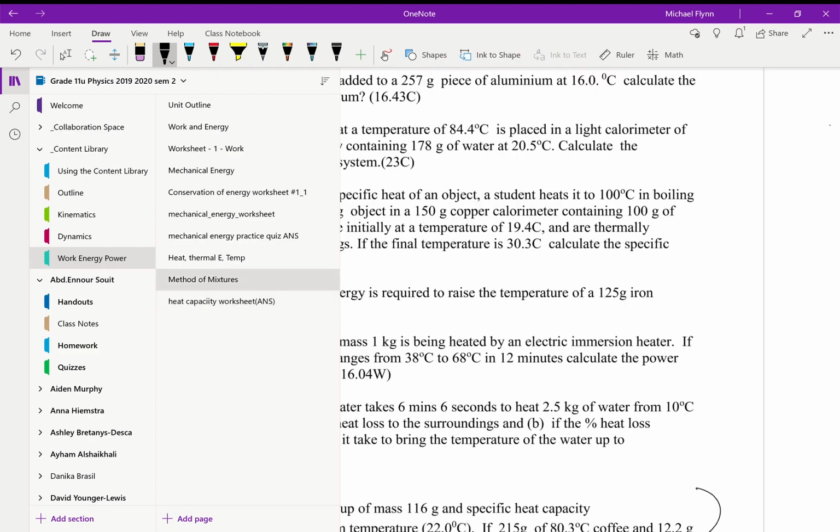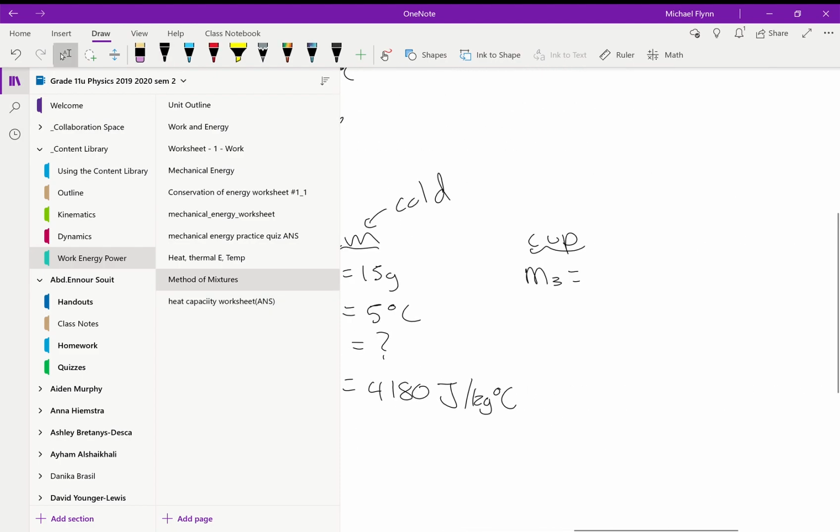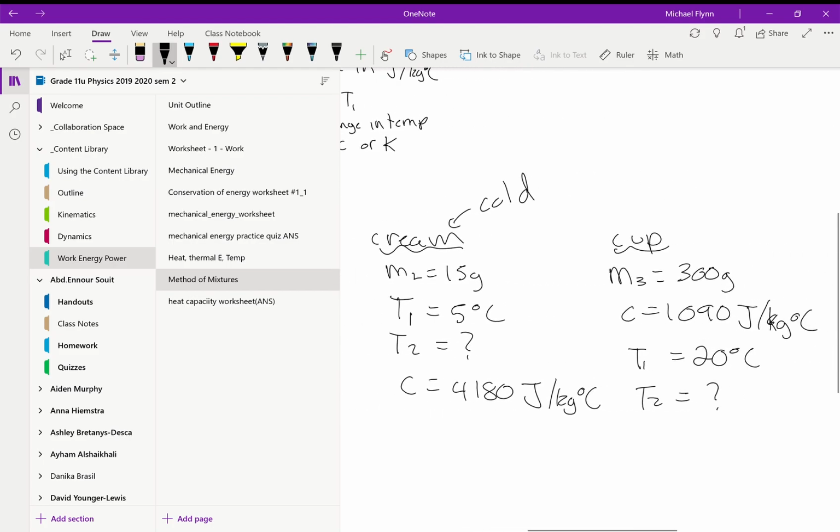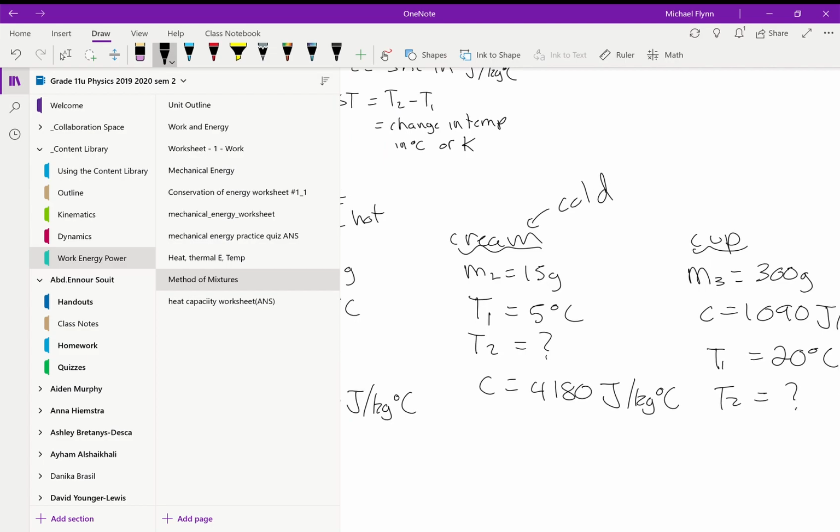We're going to say its specific heat is 1090 joules per kilogram degrees Celsius. We're going to say its initial temperature is room temperature. Again, T2 is the one we're looking for.